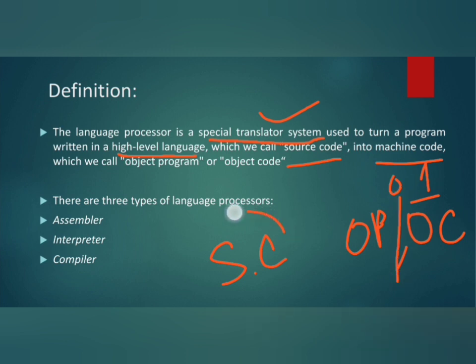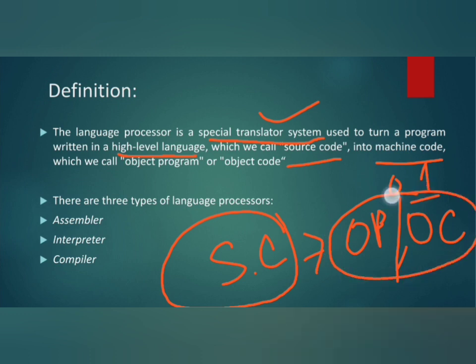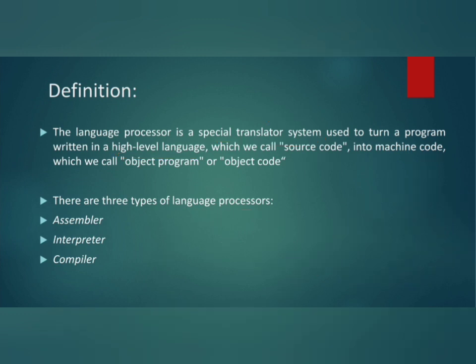So it translates basically from the source code to object program or object code. So you have to remember, first of all, three things: that it's a translator system. Secondly, it translates high level language programs to machine language, and the high level language we call source code, and the machine language which is translated, we call object program or object code.